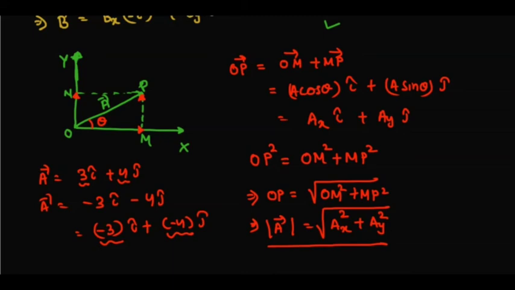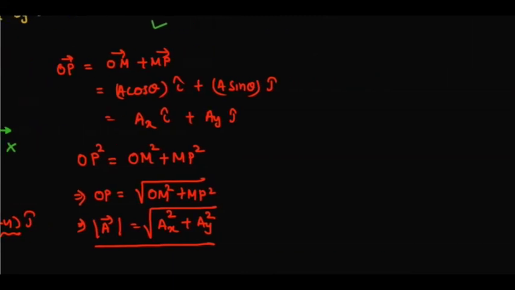For example, suppose you have a vector given in component form, vector A is equal to 3 i cap plus 4 j cap, and I ask you to find the magnitude of vector A. Now, how to find it? The formula is the square root of Ax square plus Ay square.